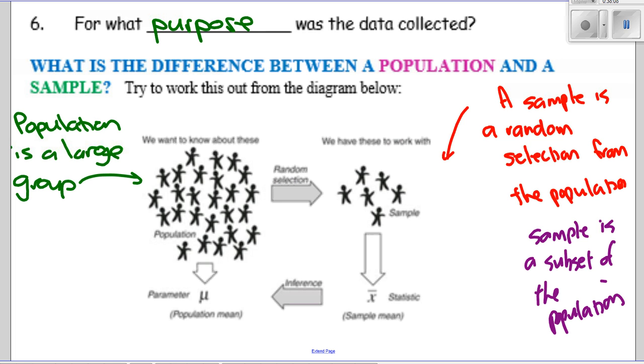What else is on here? Random selection, yeah, so we've got the words selection, sample. Oh yeah, so you can get two different means. The mu, what would be the mu? That little symbol, how do you pronounce it?